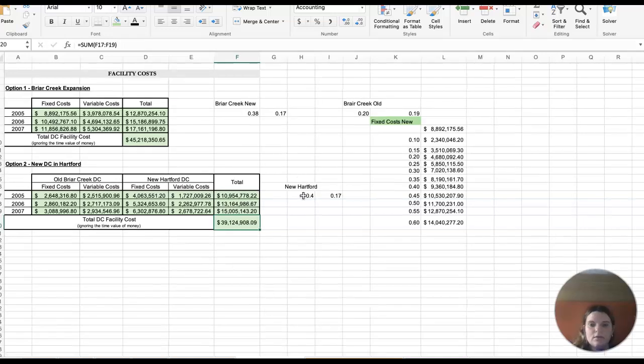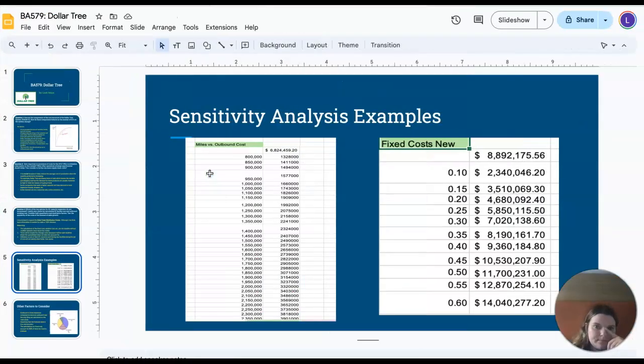As you see, the New Hartford one has 0.4, that has 0.8, but yet this is more expensive than this is, which I thought was really interesting. So that's just another thing to compare. And then these are the same, yet it is a world of difference, which I thought was interesting.